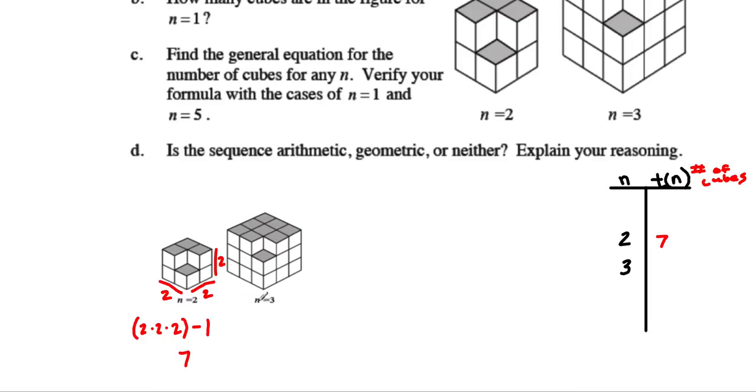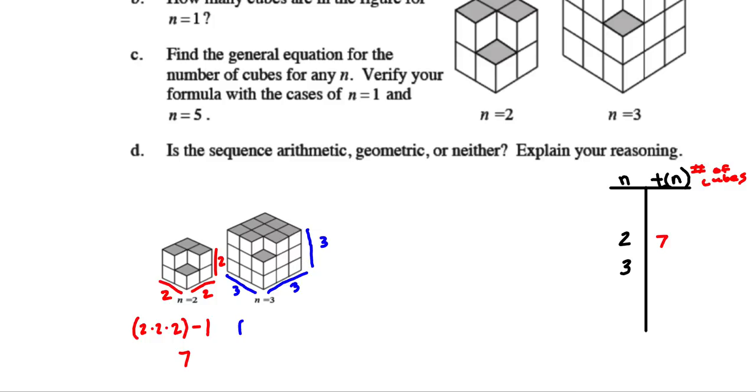Our third one here, I'll do that one in blue so it doesn't run together. Our length here, we've got 3 by 3 by 3. If this was complete, it wasn't missing that piece, then 3 by 3 is 9, by 3 would be 27.